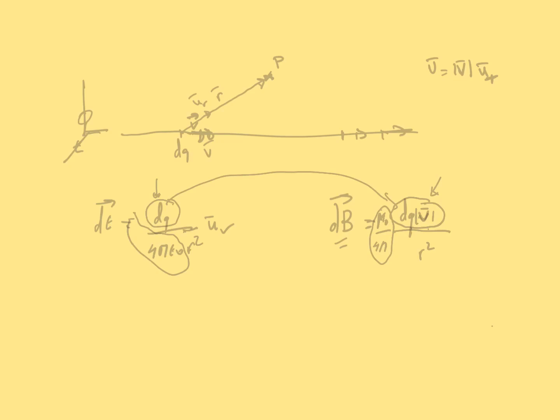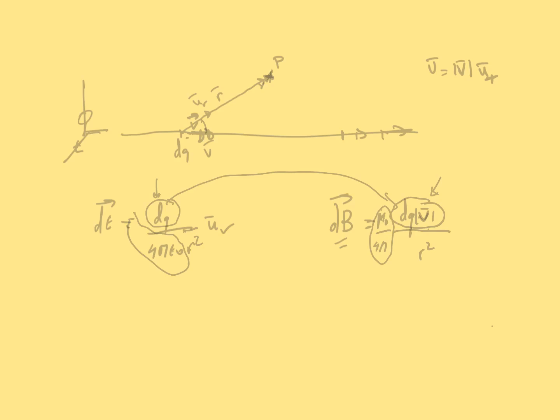I'm going to calculate the magnetic field at this point, and the magnetic field will depend on the distance. Big distance, lower intensity of magnetic field. But the difference here is that the magnetic field will depend on the direction of where the point is and how the particle is moving with respect to the point.